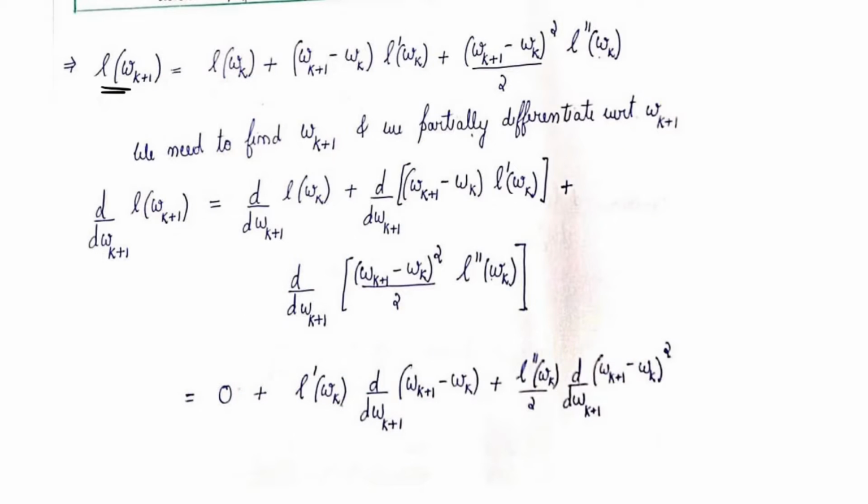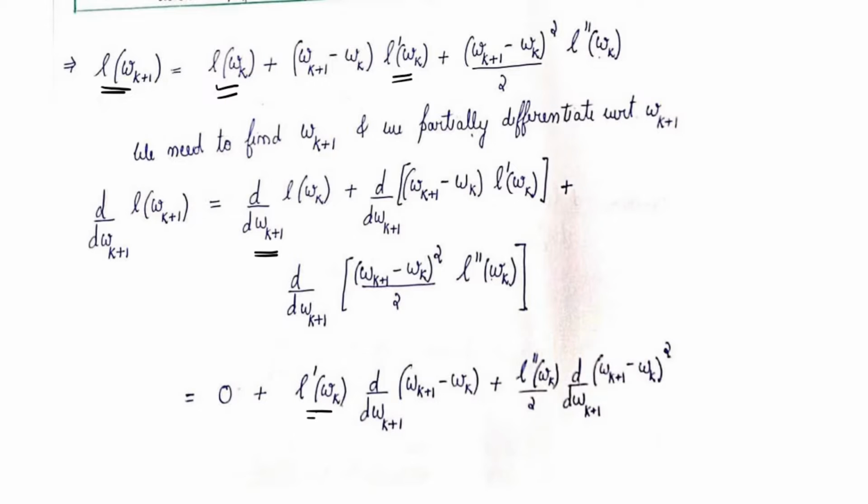So we have L(wk plus 1) and we differentiate with respect to wk plus 1. The first term gets differentiated, this L(wk) gets differentiated over here. This is a constant. Even though we are differentiating just to make the calculations a bit clear, this is actually a constant which we won't be differentiating, as you will see in successive steps.